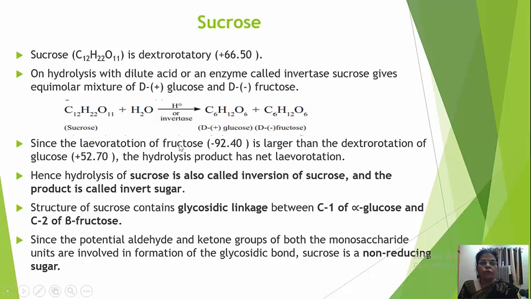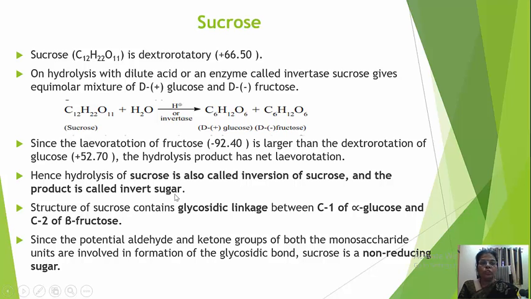Now look here, fructose is levorotatory and glucose is dextrorotatory, but the levo rotation of fructose is higher, and therefore the hydrolysis product has a net levo rotation. Hence, hydrolysis of sucrose is also called inversion of sucrose, and the product is called invert sugar. Therefore, this sucrose is called invert sugar.